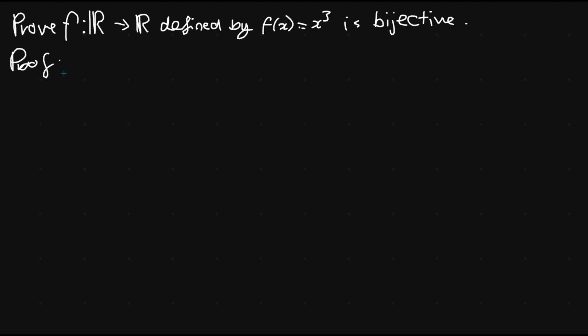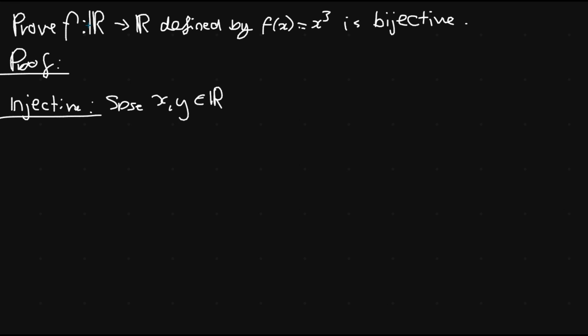So, first of all, we're going to have to prove that it's injective. So let's do that. Injective. To prove that it's injective, we need to show that suppose that x and y are in the real numbers, and by the way, these x and y need to be in the domain of the function, which is the real numbers.